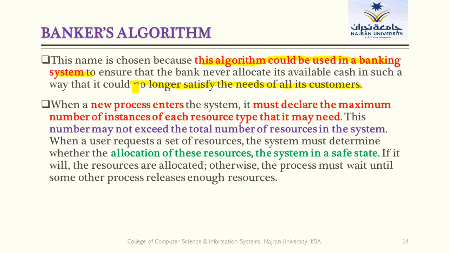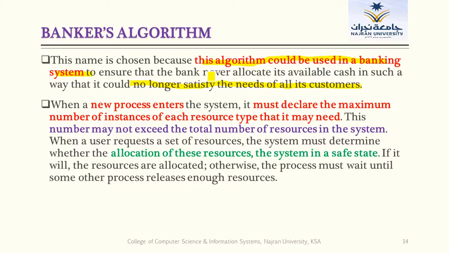Whenever we go to the ATM machine there is a limit. It does not matter how much money I have in my account, I can withdraw only a limited amount from the ATM, because there are many customers of the bank, and the bank has to satisfy all its customers. So that's why they put some limitation.